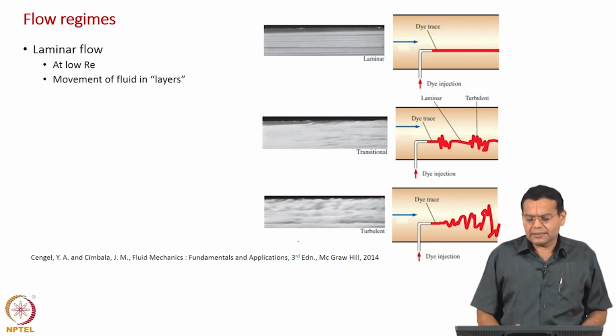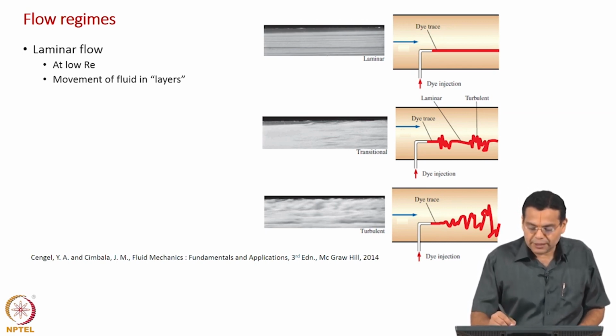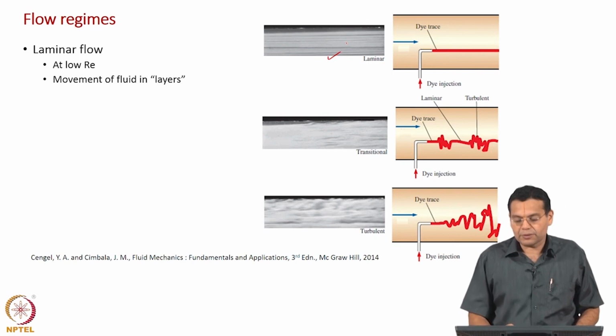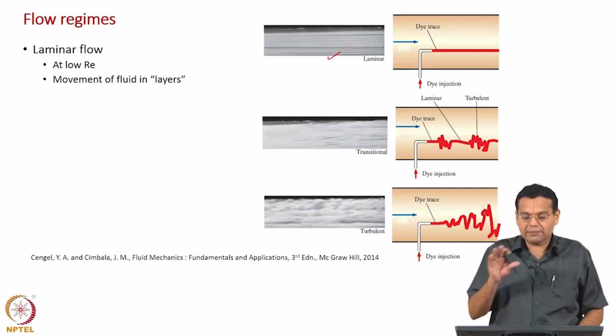So, that is why we have termed this flow laminar flow, and in this case movement of fluid takes place in layers, and that is what is shown here. A photograph of a laminar flow is shown here, and you can easily observe the fluid to flow layer by layer, very nice flow behavior.